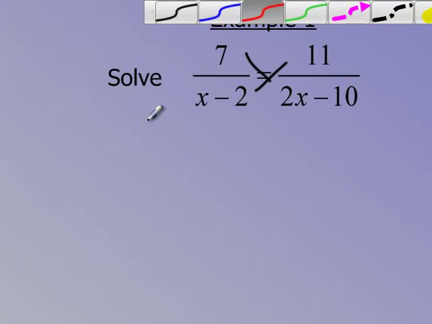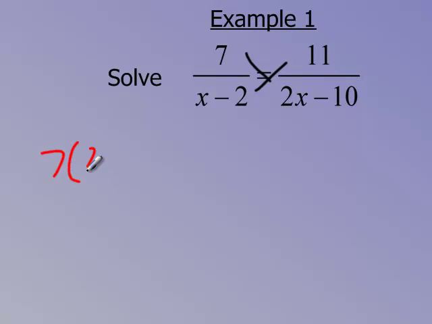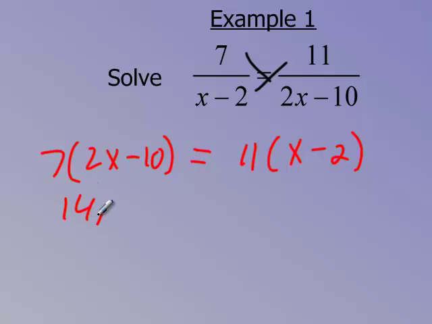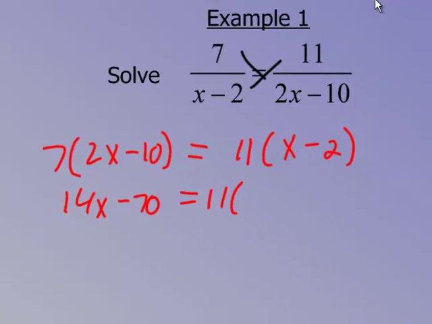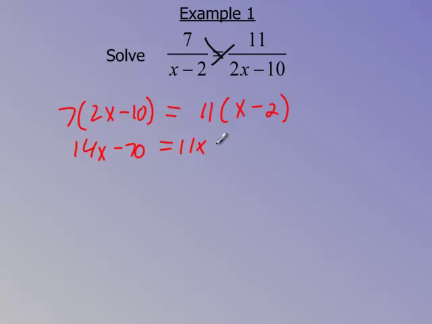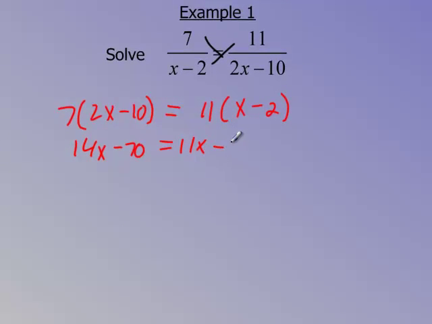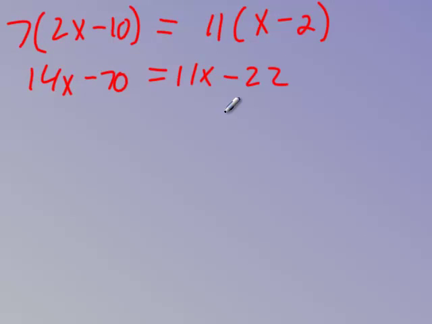And what we'll have is 7 times 2x minus 10 equals 11 times x minus 2. Then we'll go ahead and distribute the 7, leaving us with 14x minus 70 equals, and then distribute the 11, which will give us 11x minus 22.